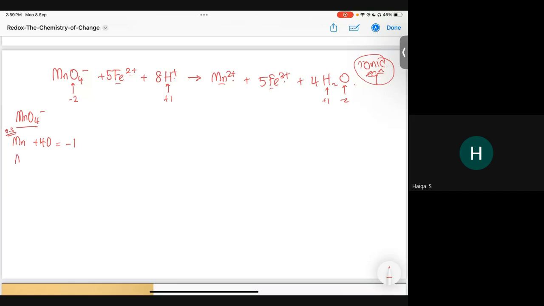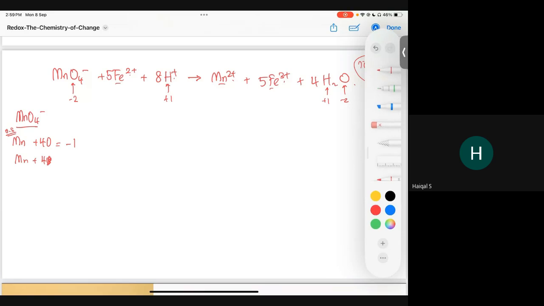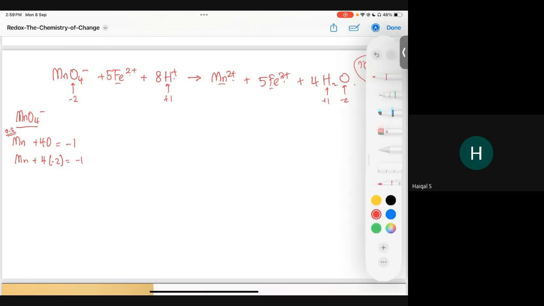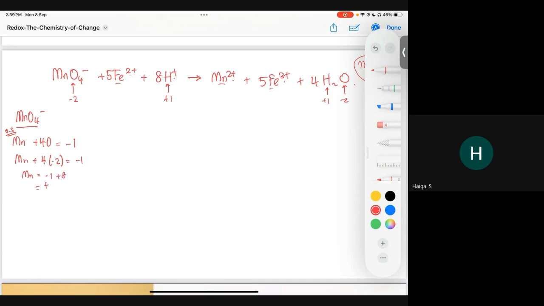So Mn, I don't know, but I know each oxygen is -2. Overall charge is -1. So if I do my math, my Mn will be -1 plus 8, which is +7. So the Mn here is a +7.